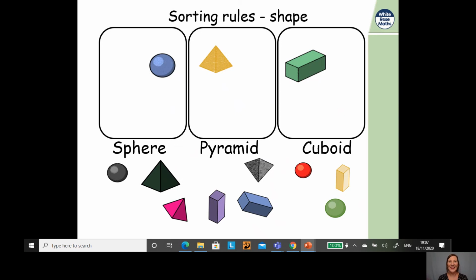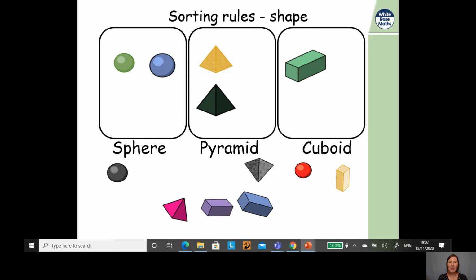How did you get on? Are you ready to sort? Let's go. Where would this one go? That's right, it's a pyramid. It goes here. Can you see they look the same? Oh, now I've got this one here. Oh, is it a sphere or a cuboid? It is a sphere. Well done for noticing.